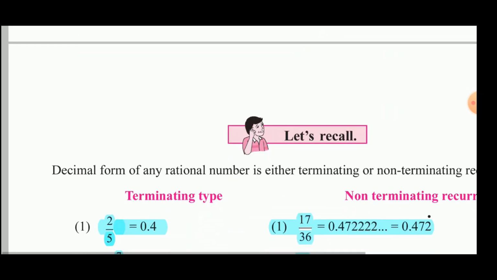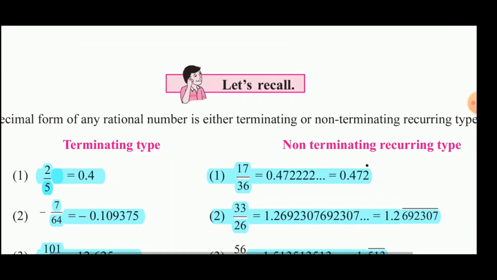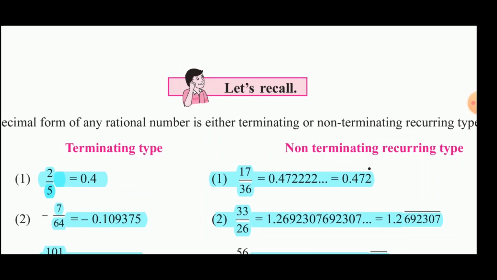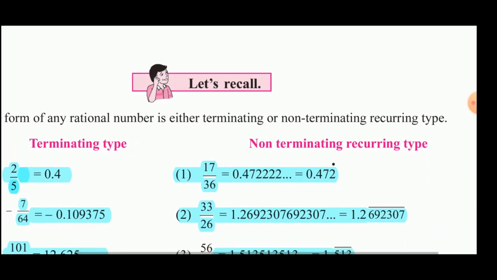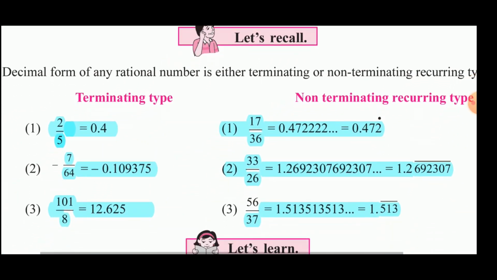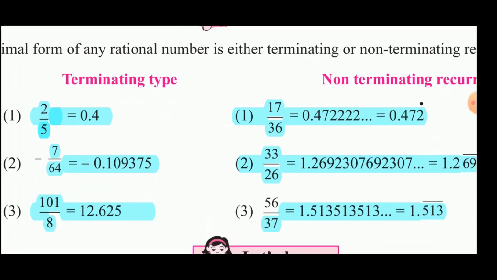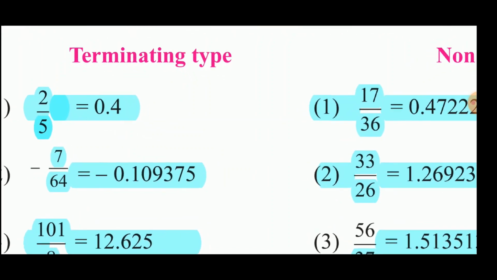Now, after this, let us recall again that there are two types of rational numbers. They can be either terminating or non-terminating recurring type. Now, terminating type of numbers means what? Here, like this, 2 upon 5. This is a fraction.